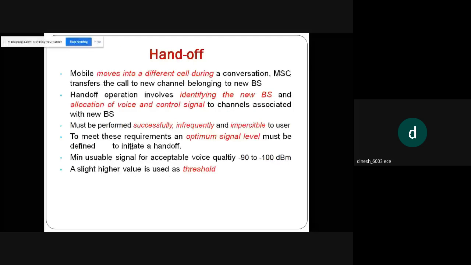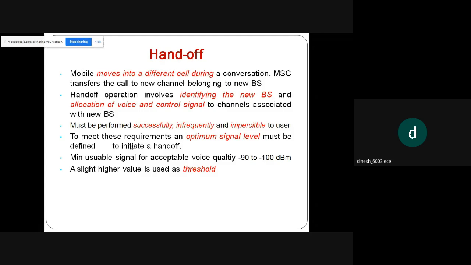So the mobile switching center will transfer the call to a new channel belonging to the new base station. This is what we call handoff, leaving the older base station and moving on to the newer base station. The process is done by the mobile switching center, which transfers the call.